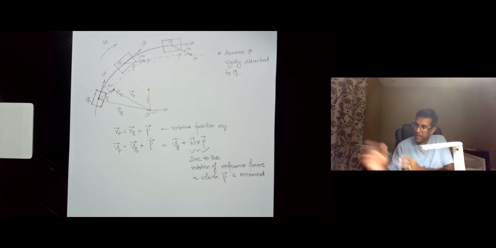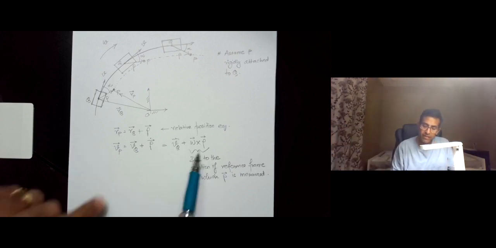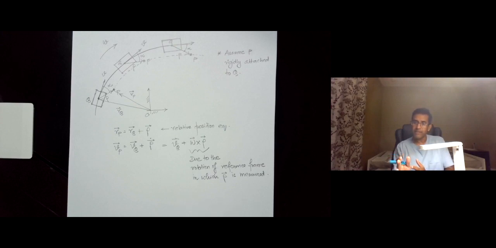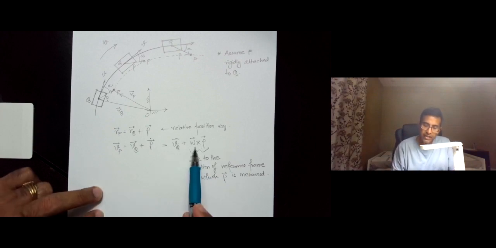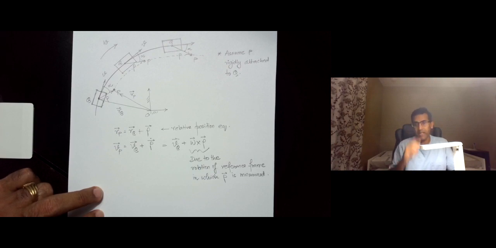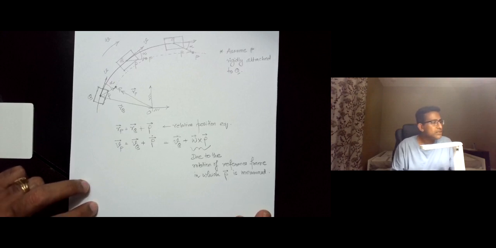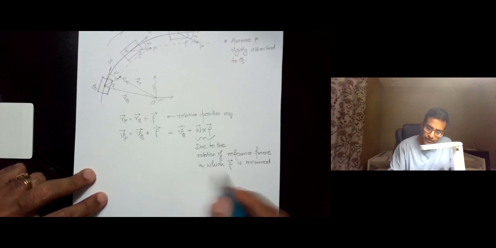So the knob is at a certain distance from me, from the driver, and it is at a certain angle. That vector is now turning because the car itself is turning. So your reference frame is turning, so that vector is also turning, and because of that there is an additional velocity that is generated, and that velocity gets added onto VQ to give you the velocity VP.